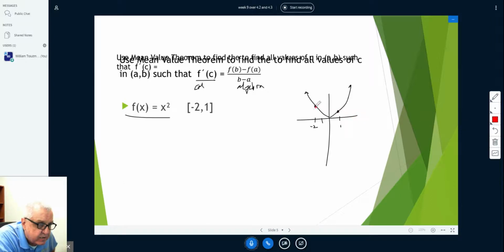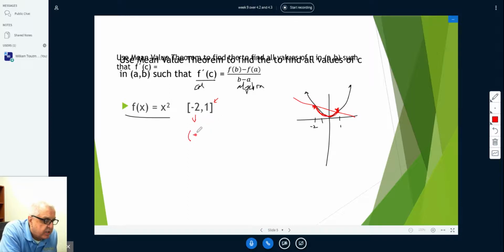I'm going to write this in red. So we're only looking at the red part of the graph. Don't look at the rest. We're only looking at the red part of the graph. So we want to find the slope first of these 2 points on the graph. Well, we know one of the points is, by the way, this is not a coordinate. This just says look at just that interval.